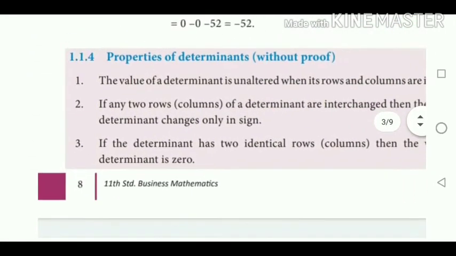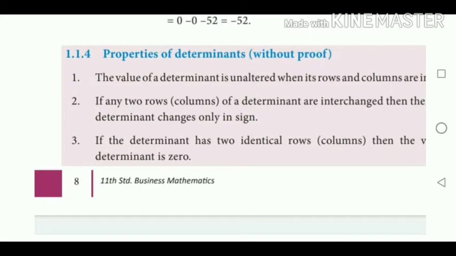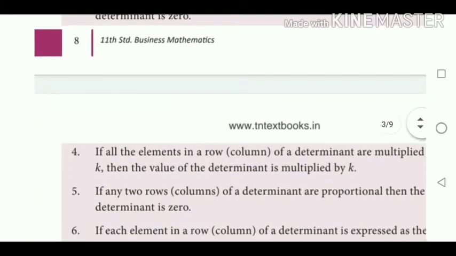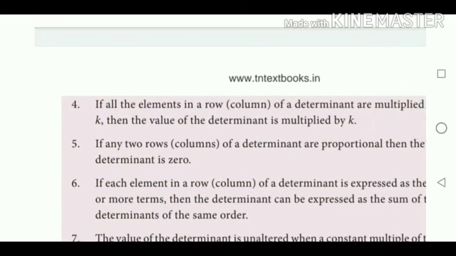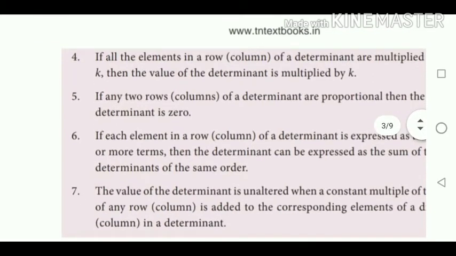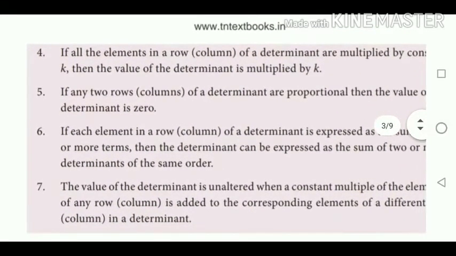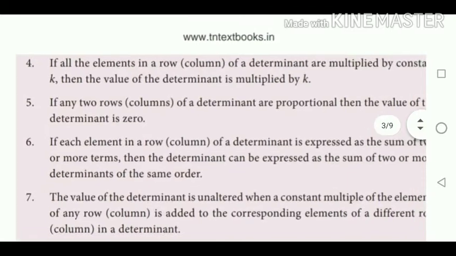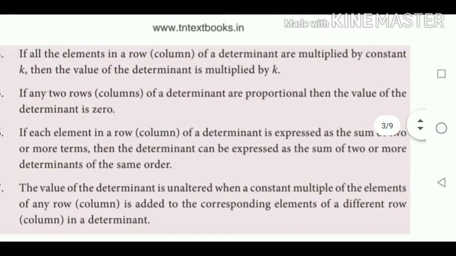According to the properties, the value of the determinant is unaltered when rows and columns are interchanged. This is the first property, but we are using property number 6. Listen.